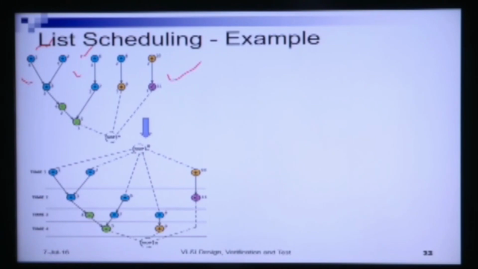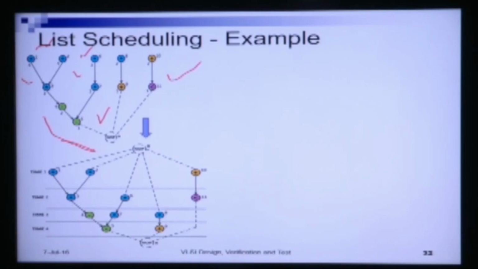So, for example, let us consider operation 5. The weight of this path is 1, because there is only one edge that takes it from this node to the sink node. Again, the weight of node 4 is 2, because the length of the path from node 4 to the sink node is 2.